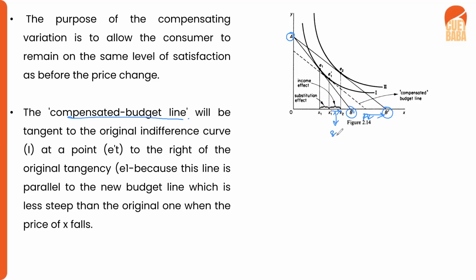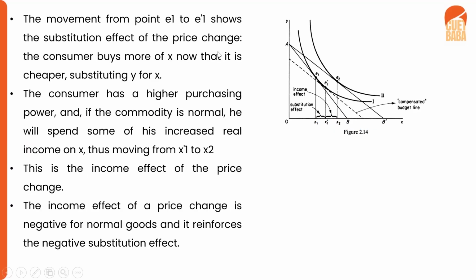This would show the substitution effect, and the shift that is happening from here, this would show the income effect. So on one side this would show the income, and on the other side this would show the substitution of the consumer. I'll just explain it again. Here we can see the movement from point E1 to E-1.